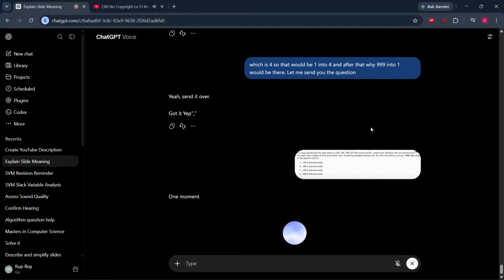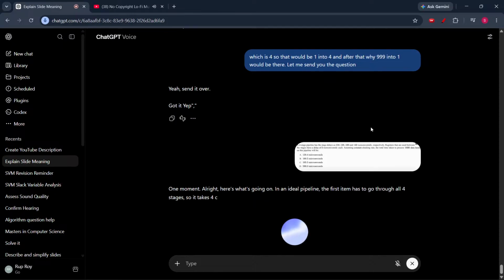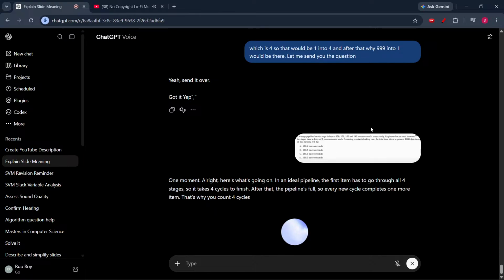All right, here's what's going on. In an ideal pipeline, the first item has to go through all 4 stages, so it takes 4 cycles to finish. After that, the pipeline's full, so every new cycle completes 1 more item. That's why you count 4 cycles first, then add 999 more for the remaining items.